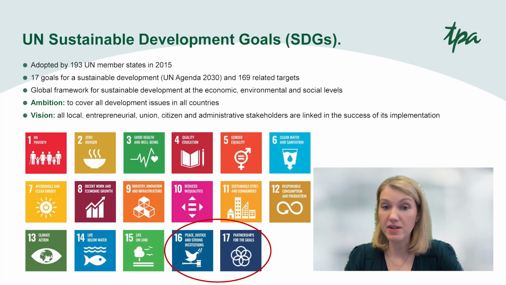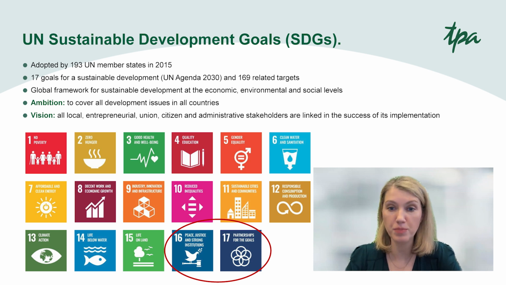The 2030 Agenda for Sustainable Development, adopted by all United Nations member states in 2015, provides a shared blueprint for peace and prosperity for people and the planet now and into the future.